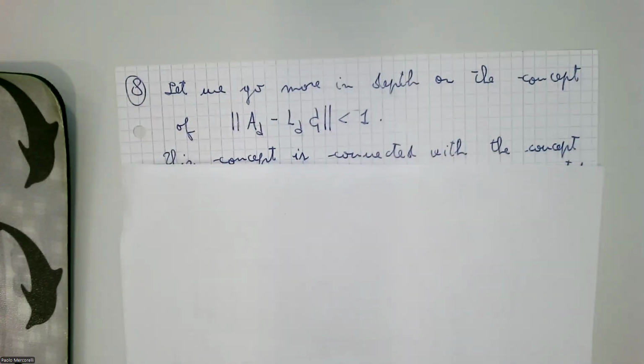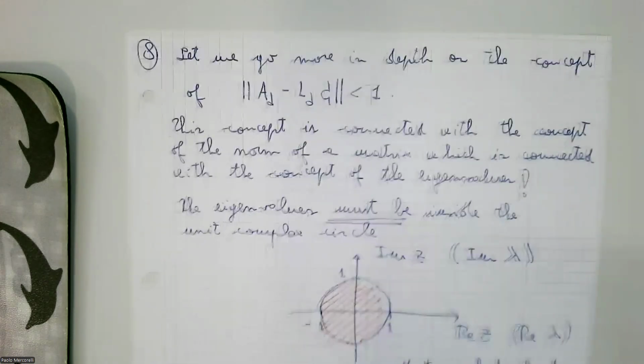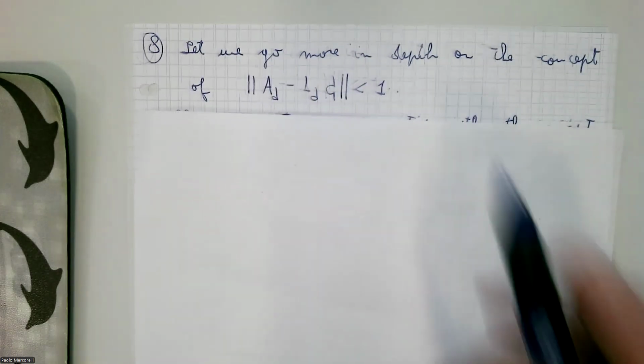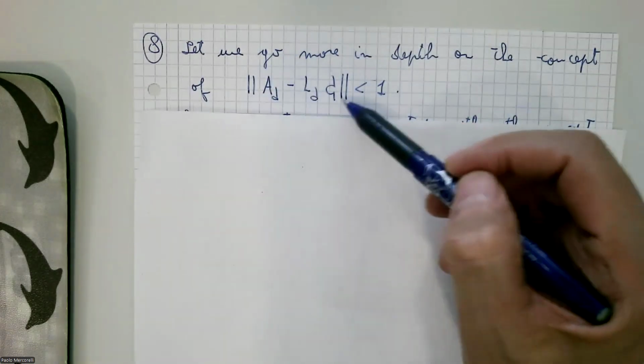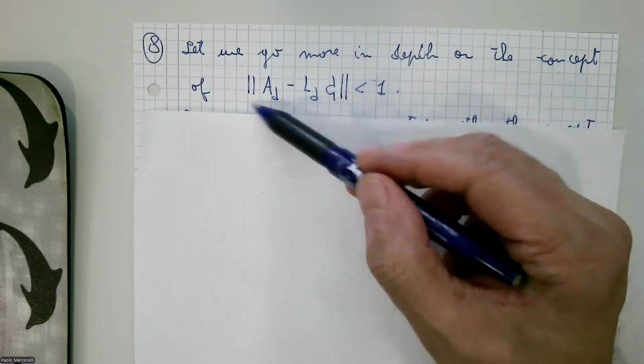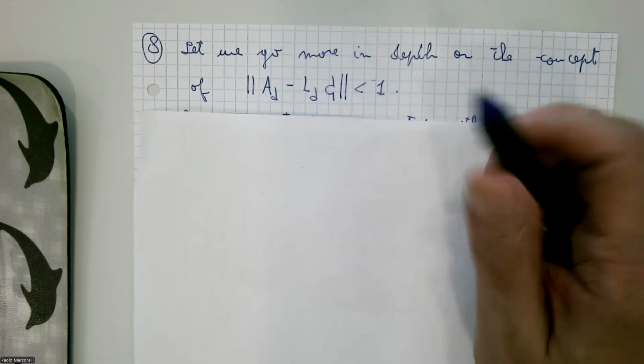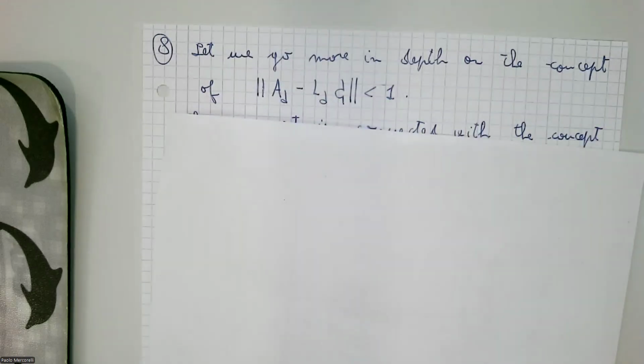Let me go more in depth on this, because please pay attention. Why I told you about this norm 2: because this notation doesn't mean much. Norm of this, which kind of norm? This is not exactly the topic of this course, but if you remember, the norm must be defined. A norm is an instrument to measure something.